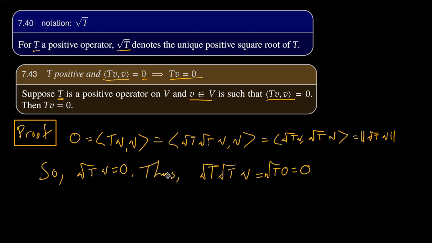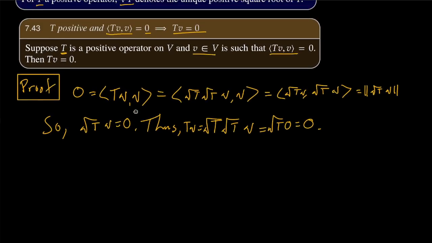That's the same as saying that Tv is equal to square root of T applied to square root T v, which is square root of T of 0, so 0. Boom. We proved what we wanted. Nice. Easy. So if T is a positive operator and the inner product of Tv with v is 0, then Tv is equal to 0.